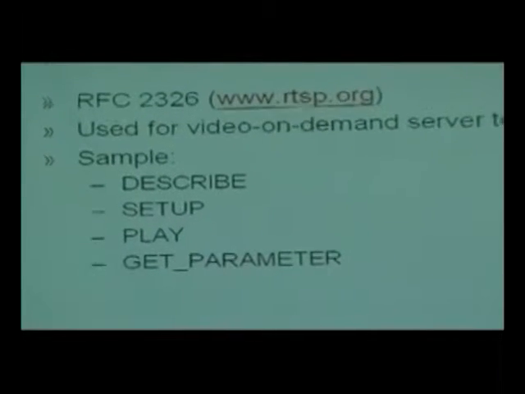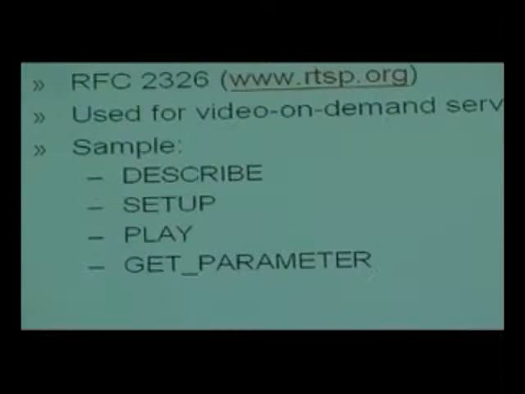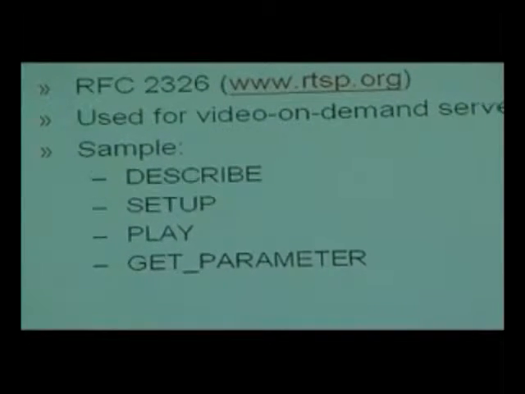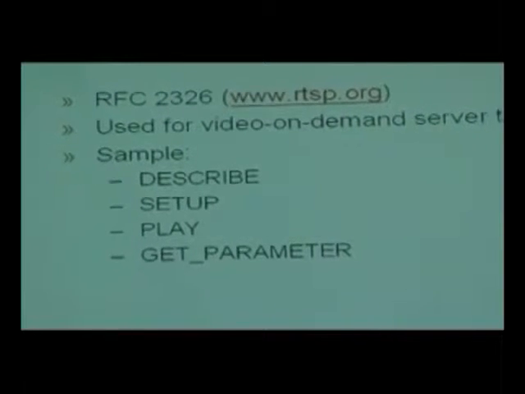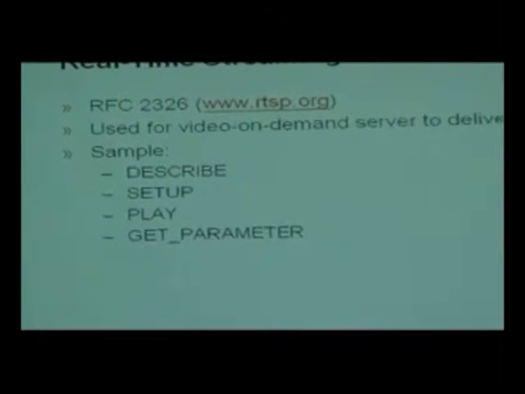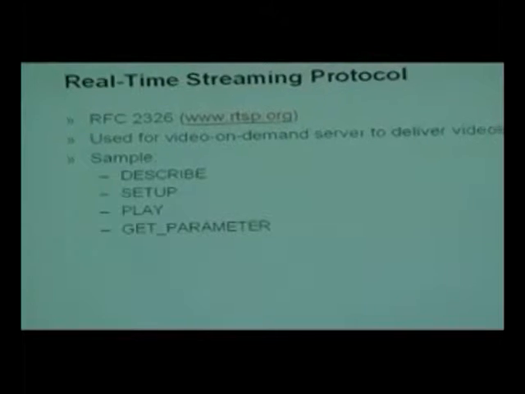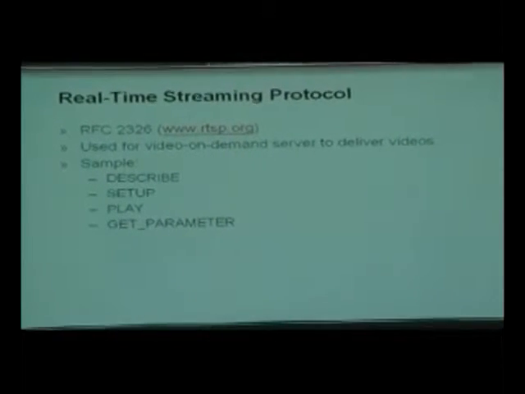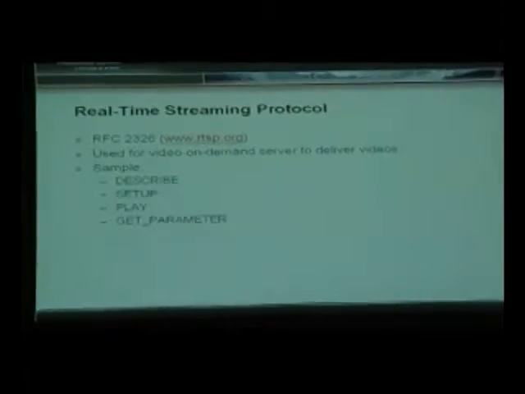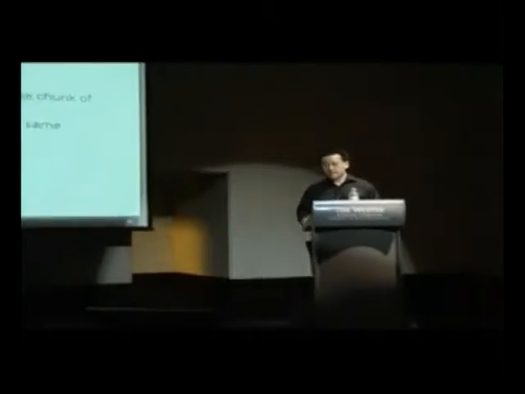RTSP is basically a protocol similar to HTTP. It's an ASCII-based protocol where everything is in human-readable format. There's nothing like an XML tag or binary protocol, nothing like that. So one of the problems you could find is in this describe request.